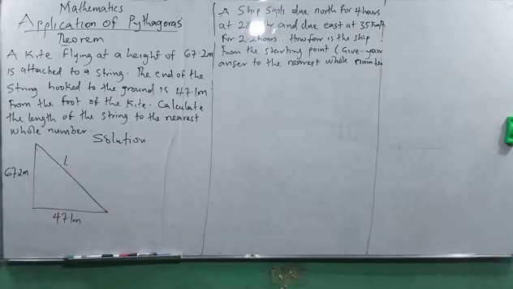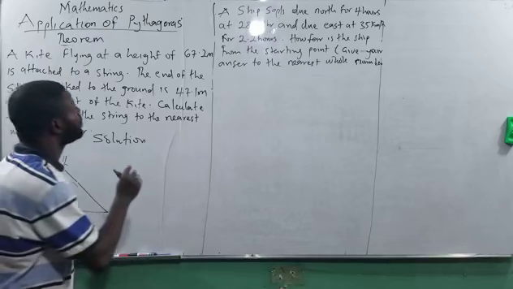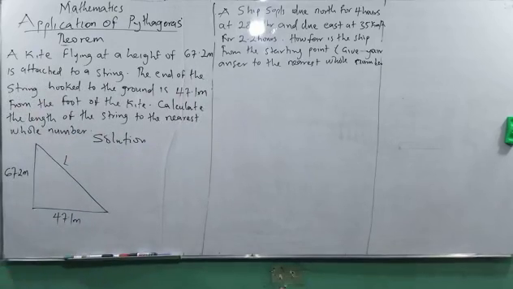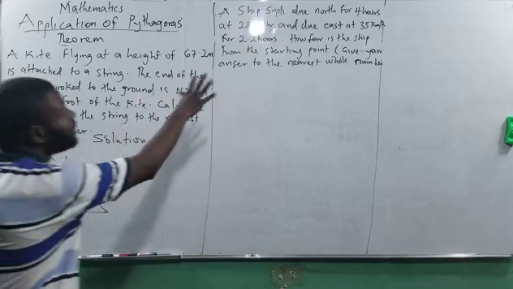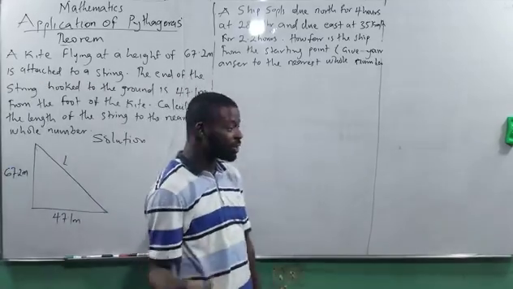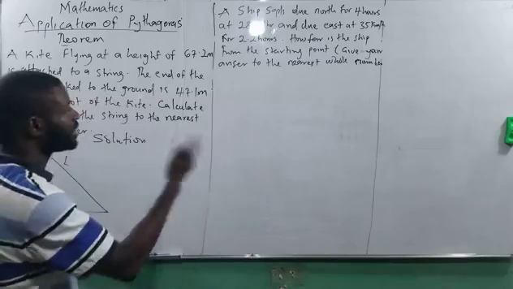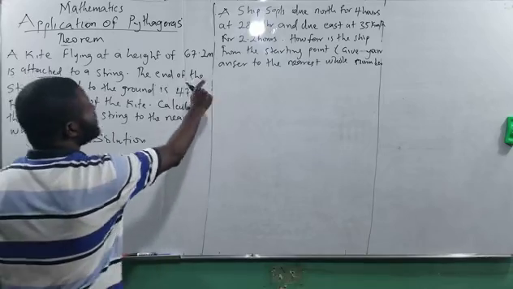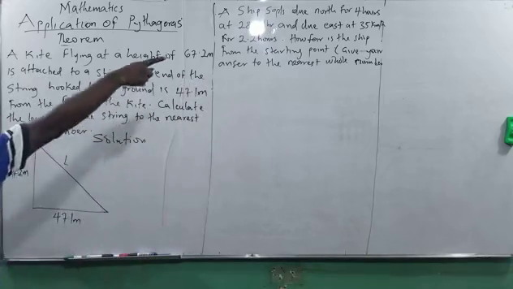Mind you, note this: there are some questions where one measurement may be in centimeters and the other in meters, so you do a bit of conversion. This is a very good example where conversion is needed.